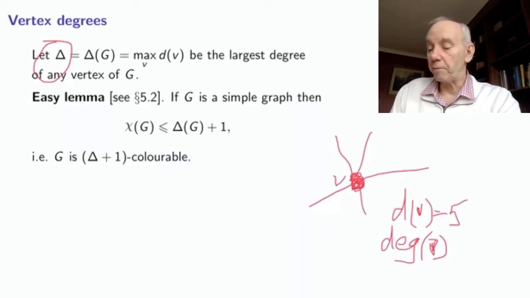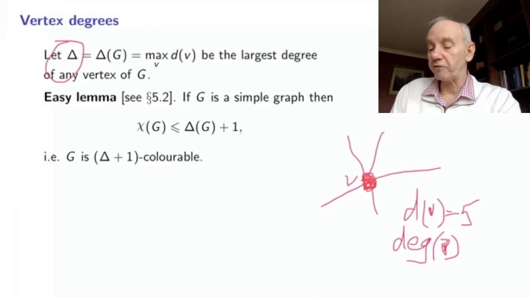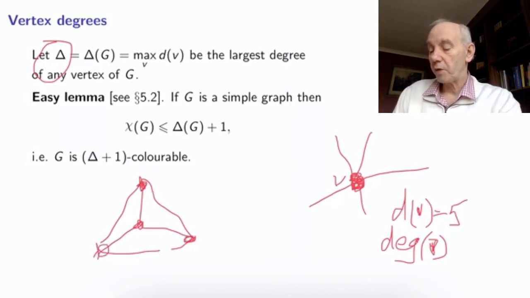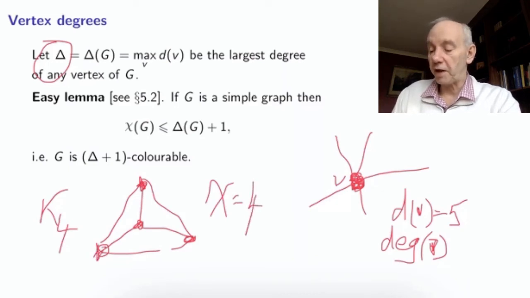So for example, let's just do the complete graph K4. K4 is a representation of the complete graph on 4 vertices. 6 edges. It's K4. K4 has, as we said before, chromatic number 4. I need 4 colours because all the vertices are connected.